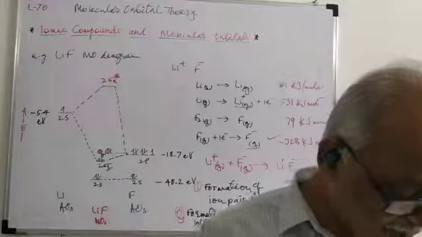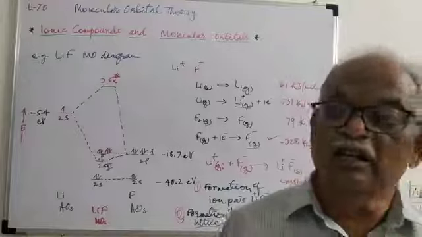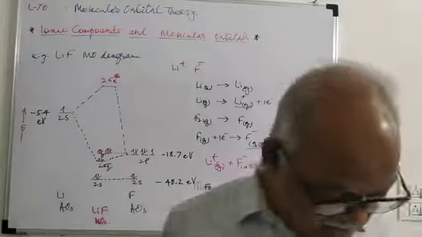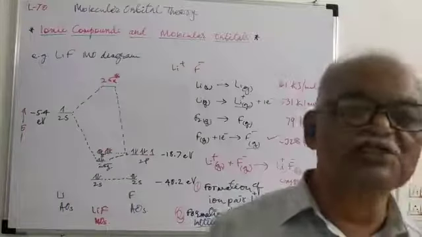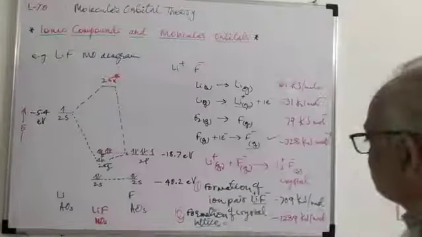This shows the formation of the ion pair with the release of such a large amount of energy. So the lattice enthalpy for crystallization is large enough to overcome all the endothermic processes.